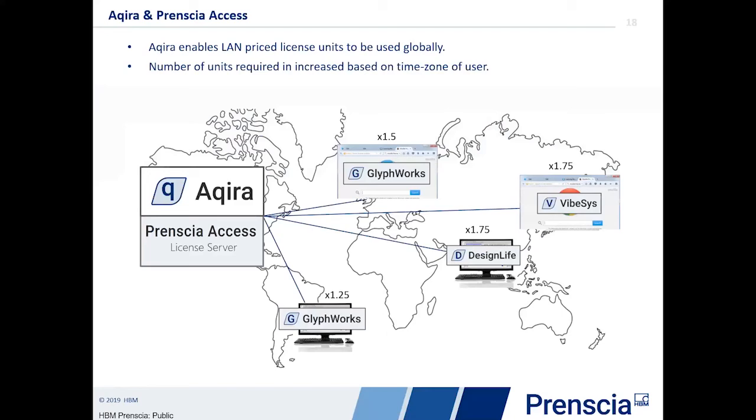That way, you're only paying the additional uplift on those users in those locations that require it. That way, the actual total cost for the customer is reduced. So that's a great benefit for, again, a global organization wanting to deploy software globally.